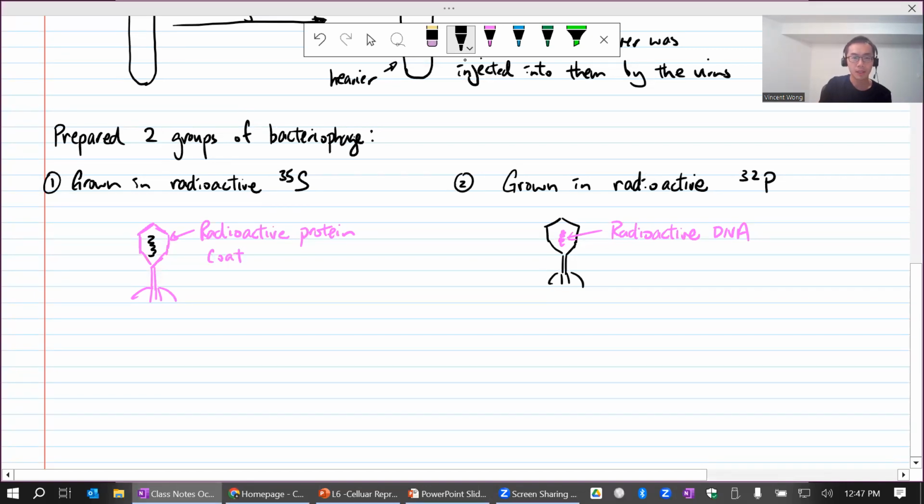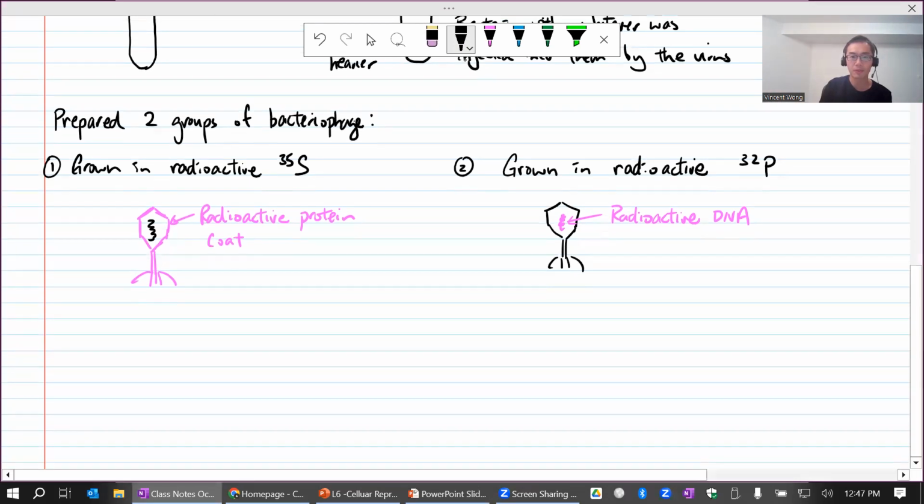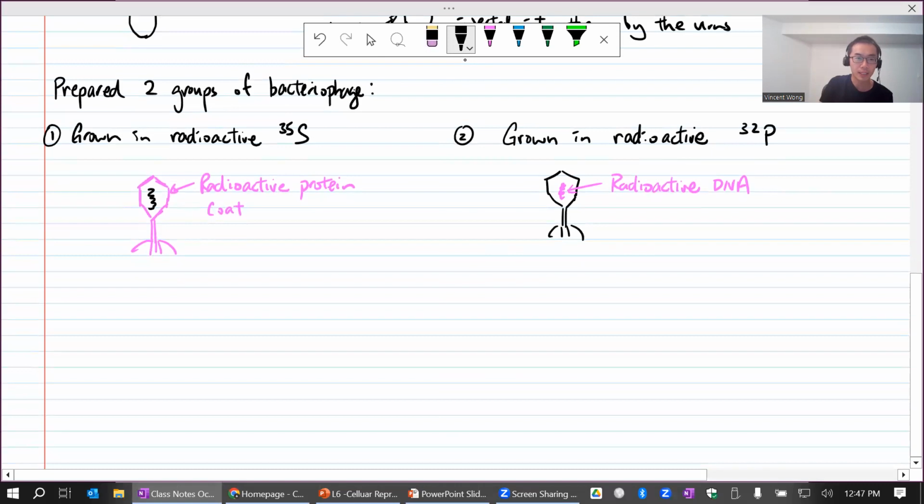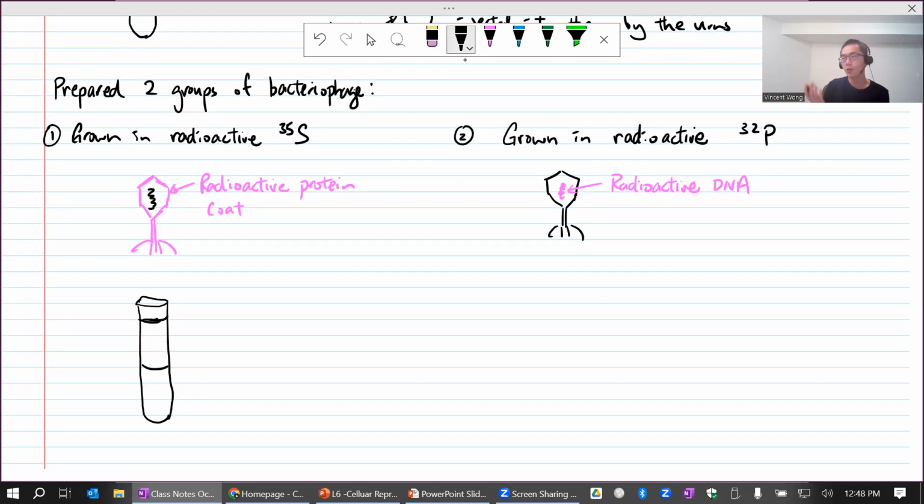So what happened was they used either the sulfur 35 labeled virus or the phosphorus 32 labeled virus, and then they infect the bacteria. This allows the virus to infect the bacteria, and then you would separate them in the test tube. Now, where do you expect to detect the radioactivity, knowing what we know now?